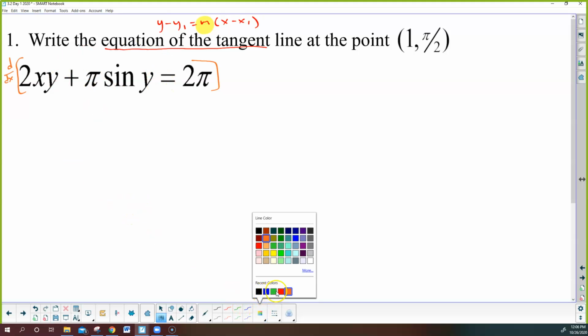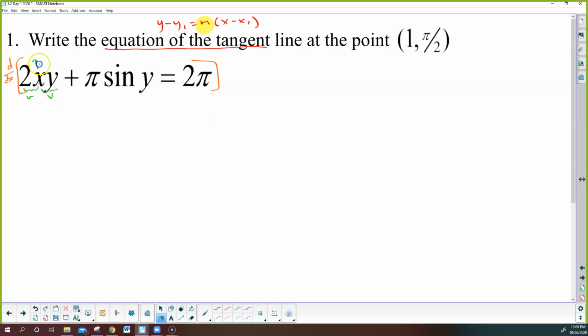Well, the tricky part is you have a product rule here, and product rules do occur when you have a problem like this. Now I apologize because this is going to go kind of fast, but let's do the product rule.